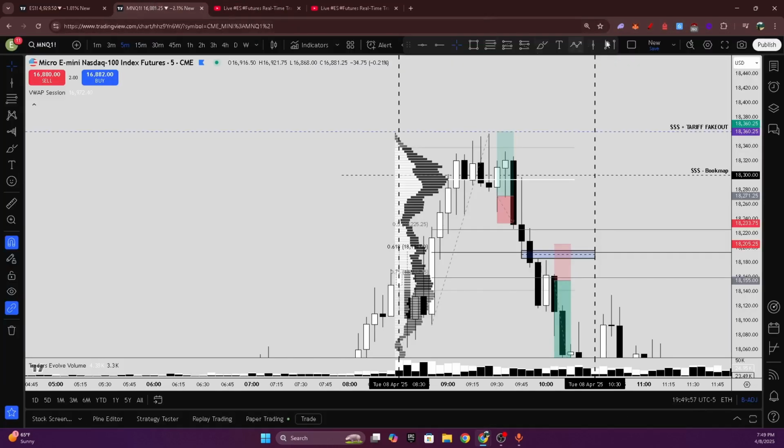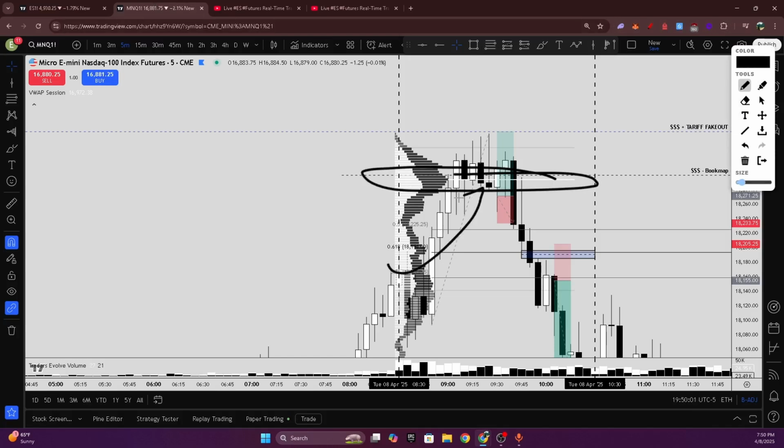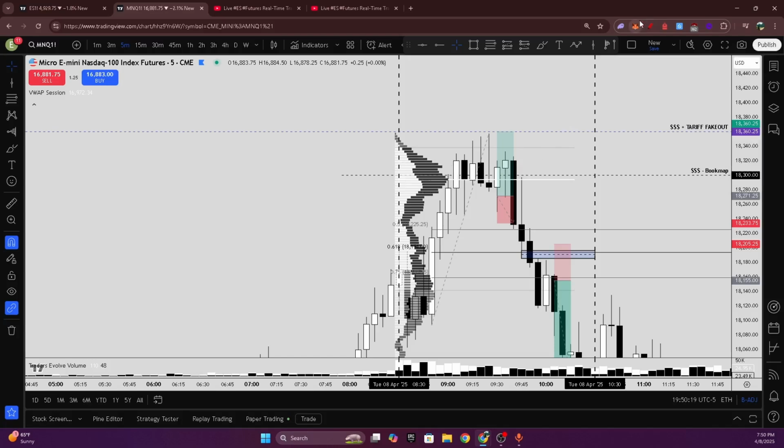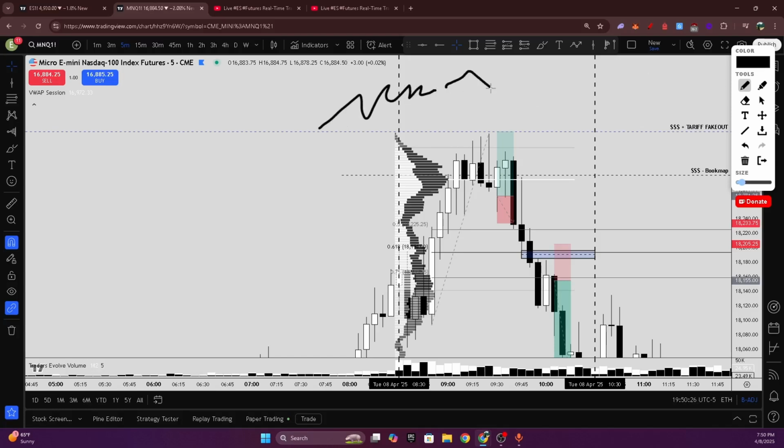Realistically, we should not have taken this trade, additionally because point of control moved up straight to a level, and that typically means that we're going to expect choppy action because this is the area where the most volume is traded. It's an area in the auction where buyers and sellers can essentially exhibit equal or close in unison market volume. And typically in those areas, you either see choppiness or a reversal following when the POC moves to that area.